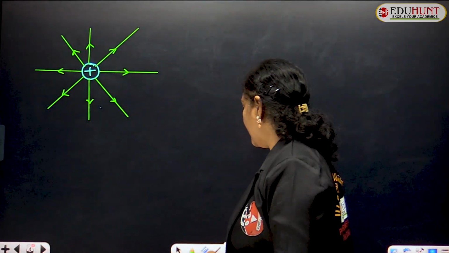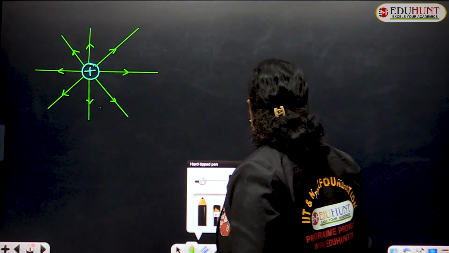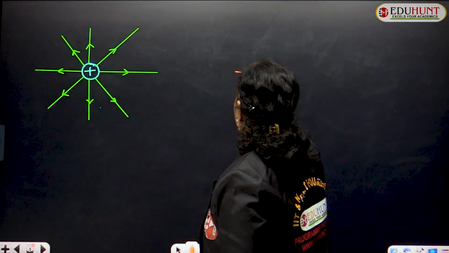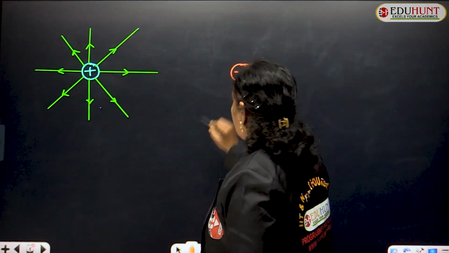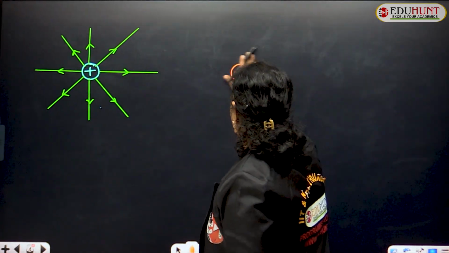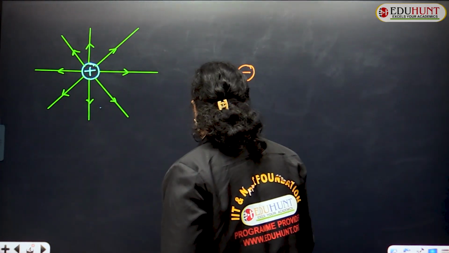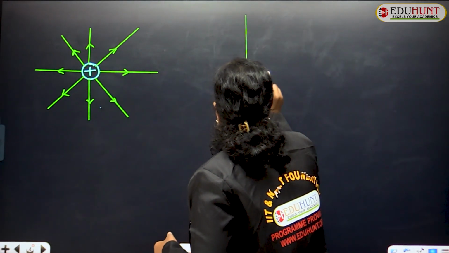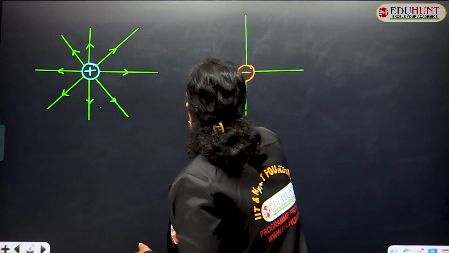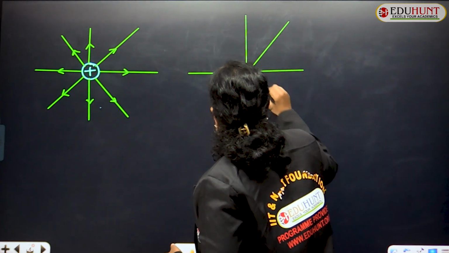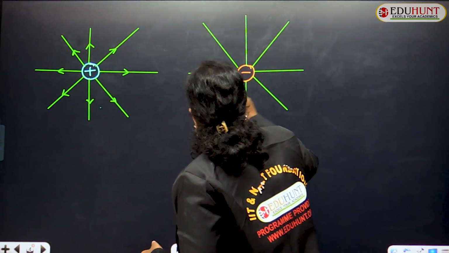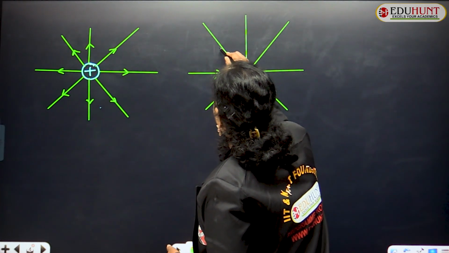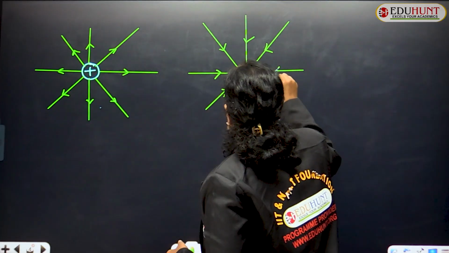Okay. Similarly, if you consider a negative charge, the same electric field lines will go inside the negative charge.